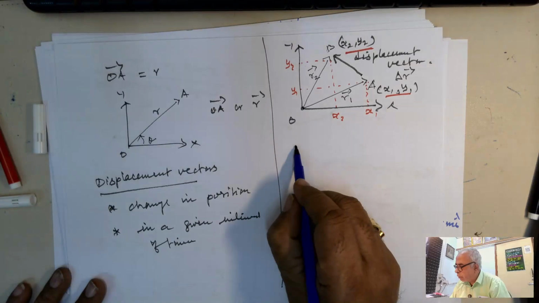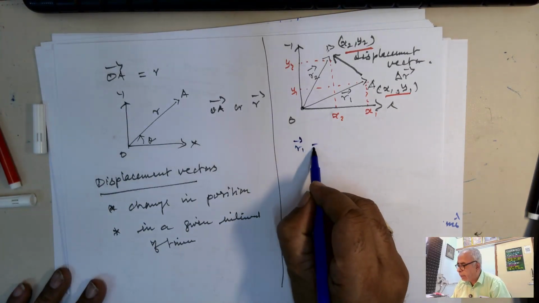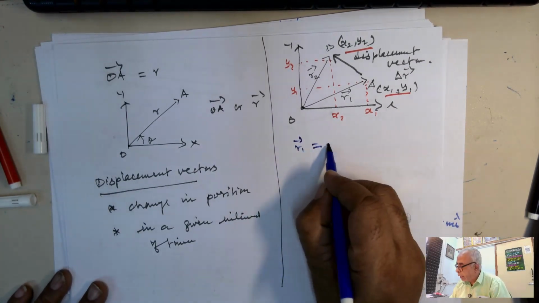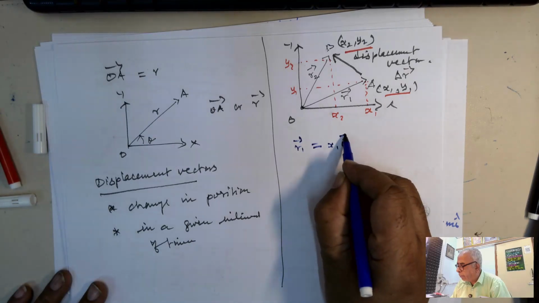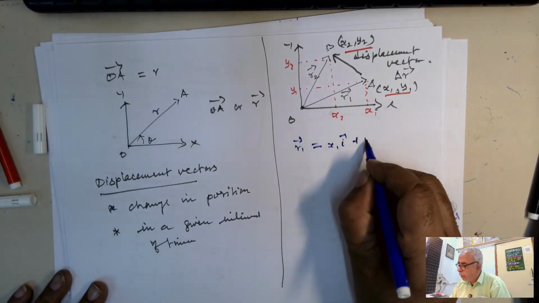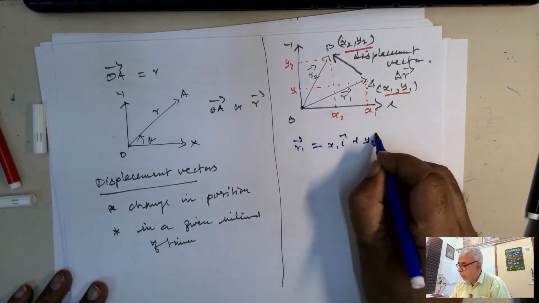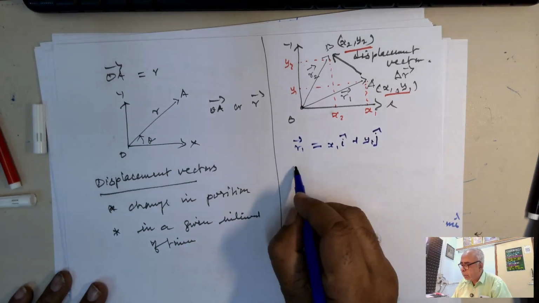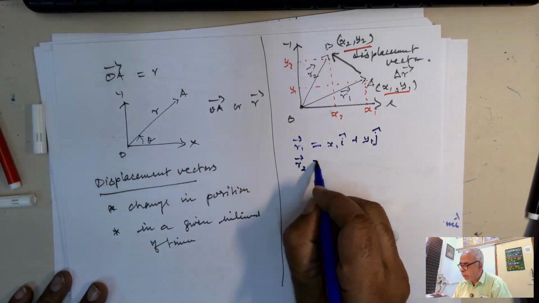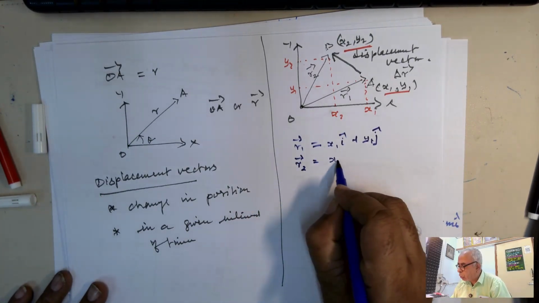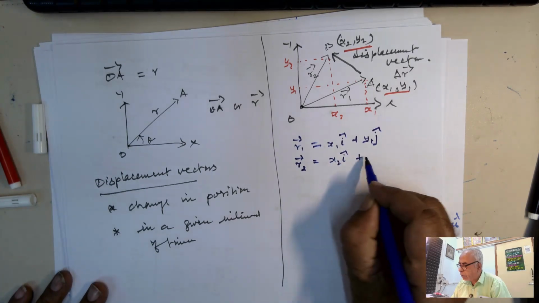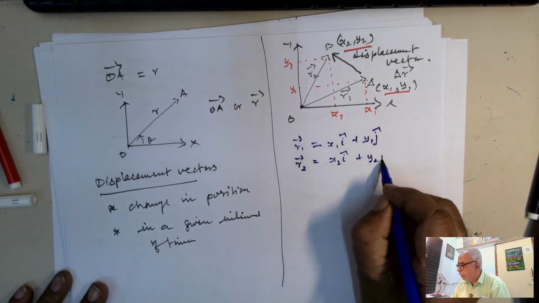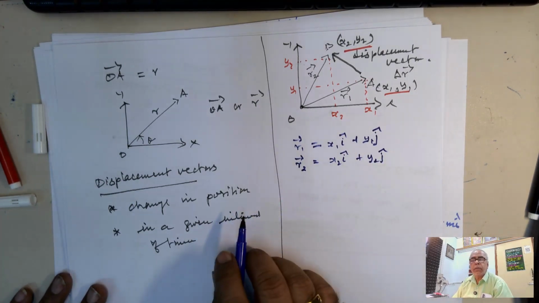Now, how to represent this R vector? So this R1 vector can be represented as x1 i cap plus y1 j cap. Do you understand this point? Similarly, R2 vector can be represented as x2 i cap plus y2 j cap. Right?